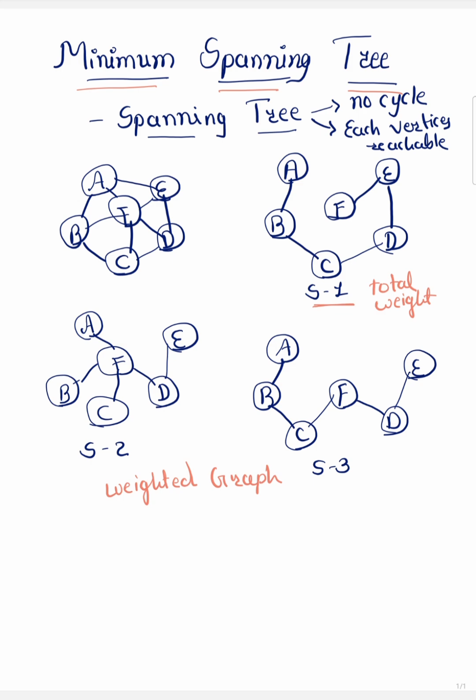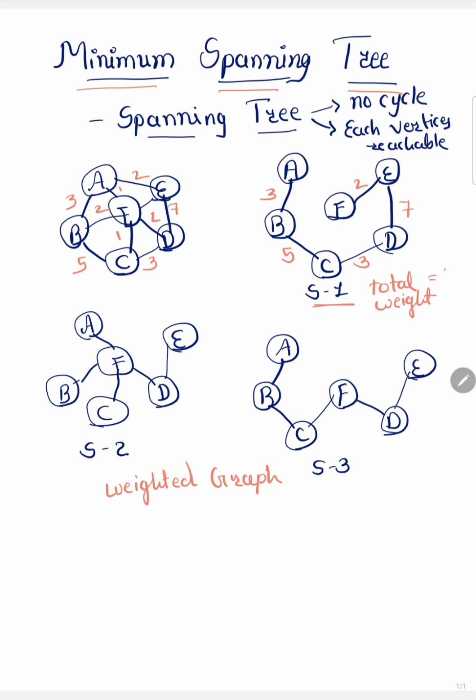So let us say I'm giving these weights 3, 2, 1, 2, 7, 2, 3, 1, 5, right? So if I calculate here, this is 3, this is 5, this is again 3, this one is 7, and this one is 2, right? So if I calculate, it's 3, 2, 5, 5, 10, 10 and 20.